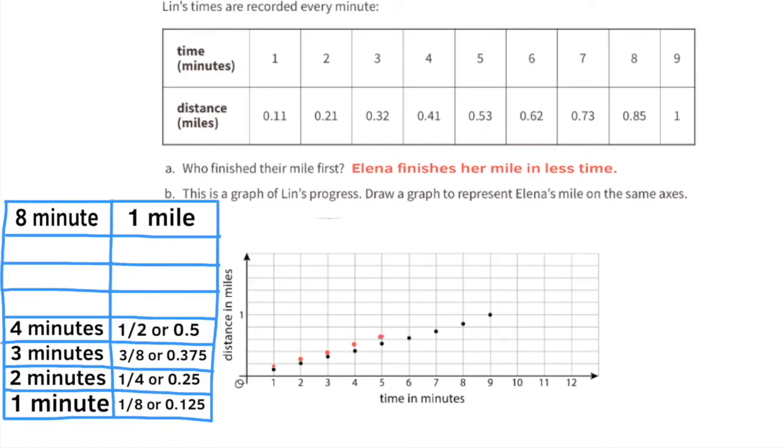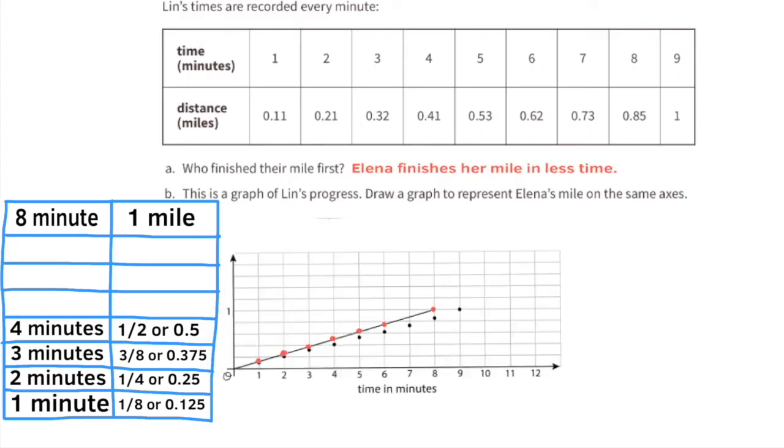The left-hand column corresponds with the x-axis of the graph, time in minutes. The right-hand column corresponds with the y-axis, distance in miles. You can continue to complete this table on your own if you like. I went ahead and represented Elena's mile on this graph with red points.